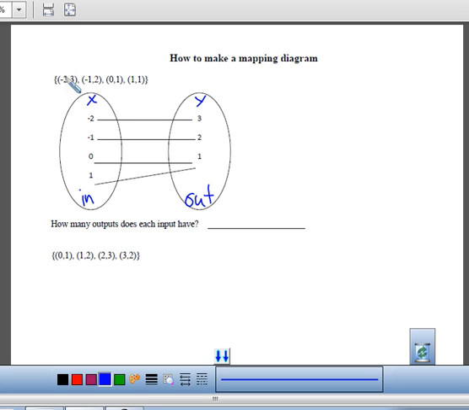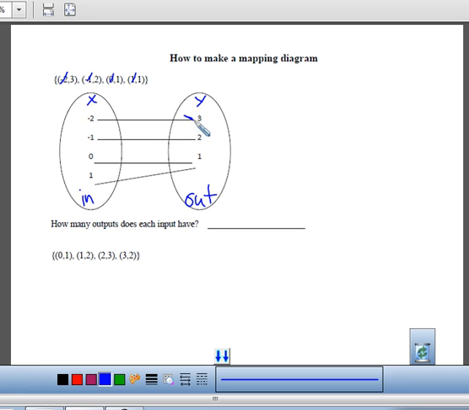Okay, so I'll list them. So I have -2, -1, 0, and 1. And then I list the y values over alongside of them. Notice that there are two 1s, but I only put one over here. You don't continue to list repeats.